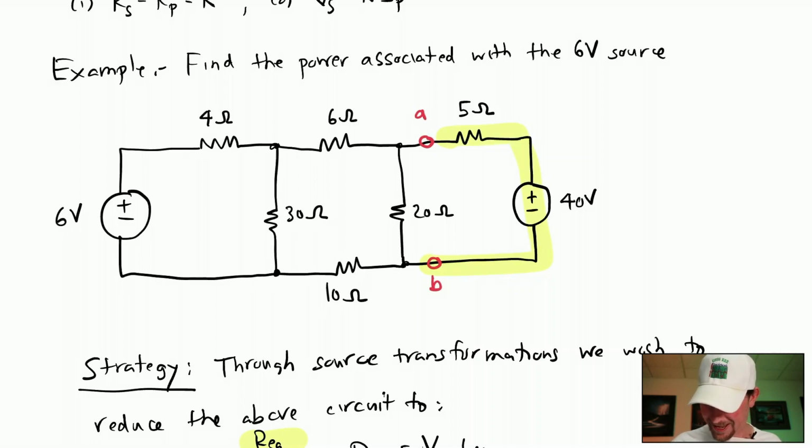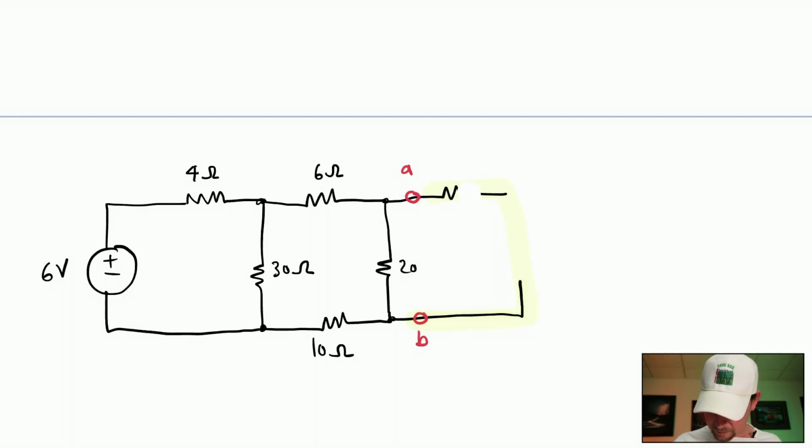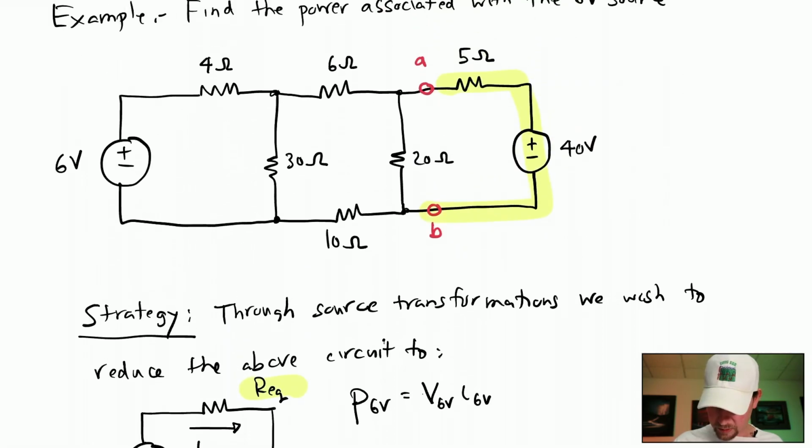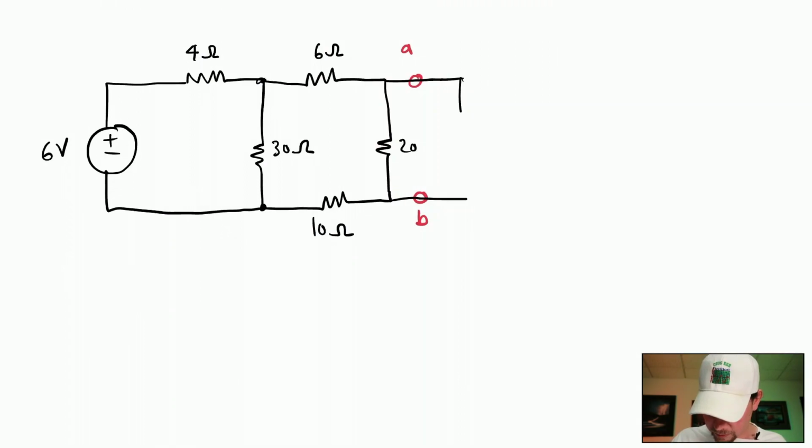Okay, but with respect to the terminals A and B, let's get rid of this. What I'm going to do is replace that voltage source and resistor that are in series with a resistor in parallel with a current source.